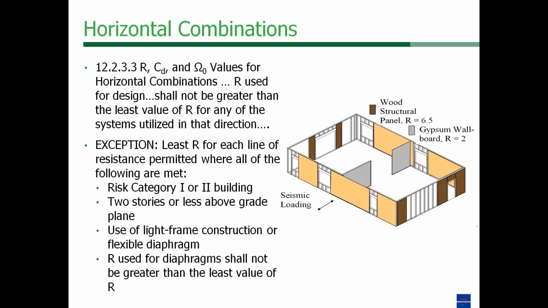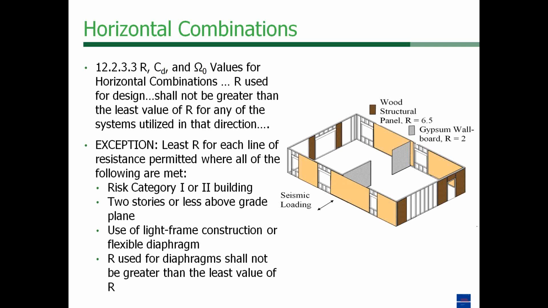And so the exception to ASCE 7 would allow here the design of load in the exterior wall lines equal to R of 6.5. And then the gypsum line would then have an R equal to 2.